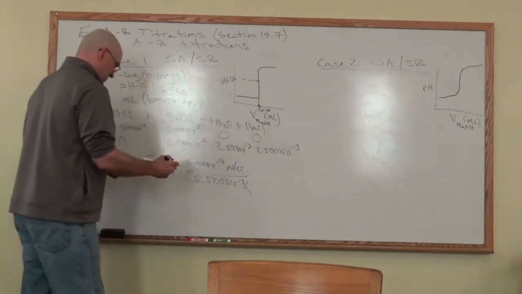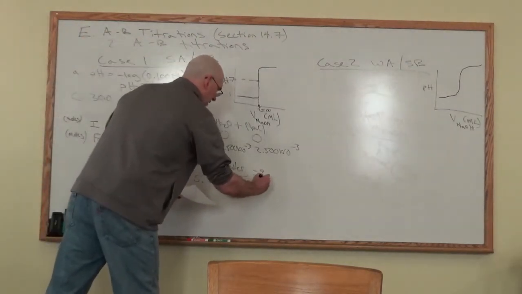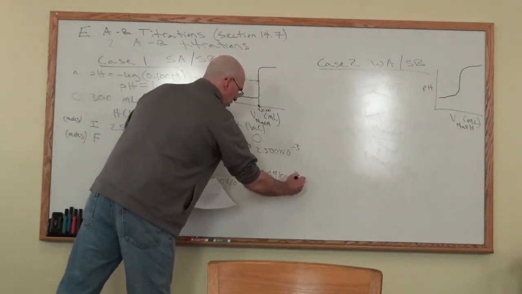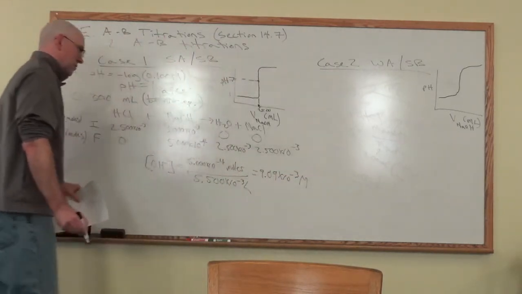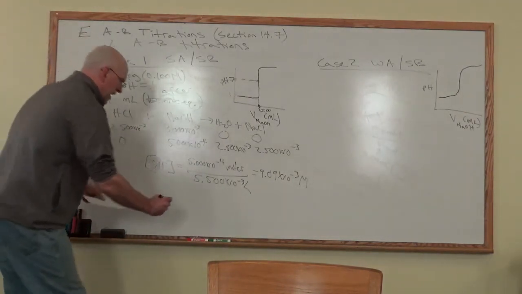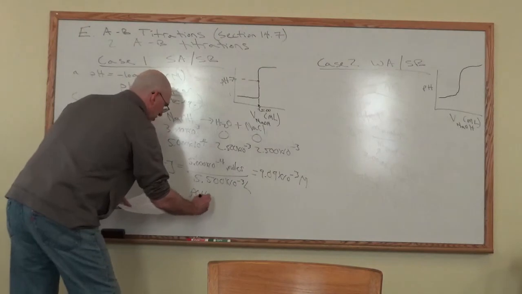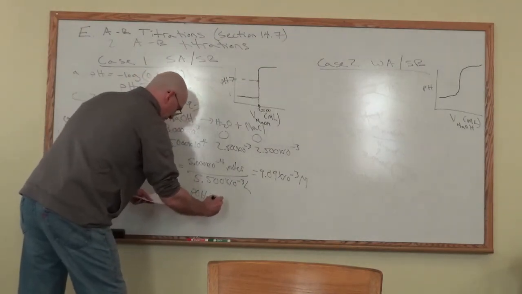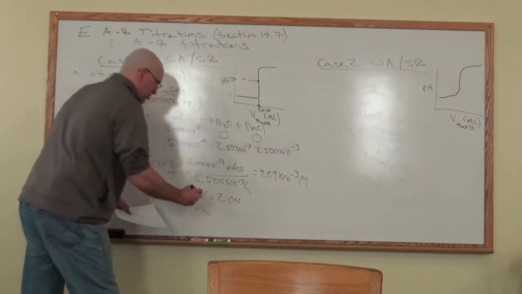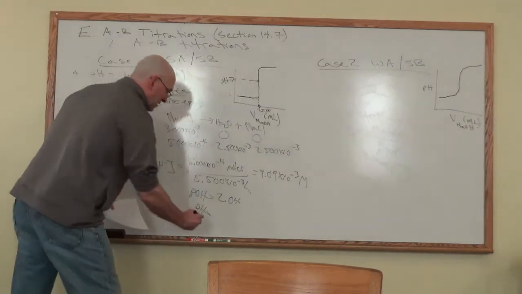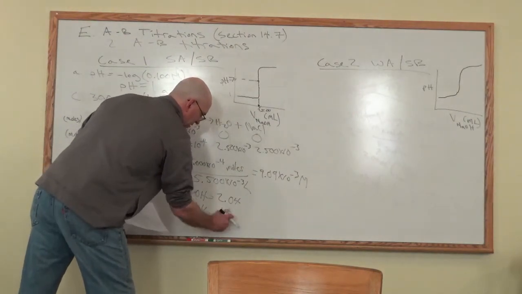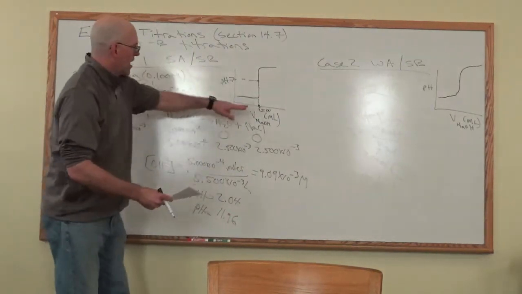And you get 9.09 times 10 to the minus 3rd molar OH minus, which turns out to be a pOH of 2.04, which means a pH, now it should be basic at this point because all the acid is gone, 11.96. So we're way up here somewhere.